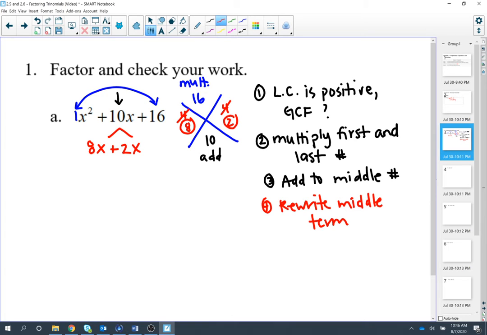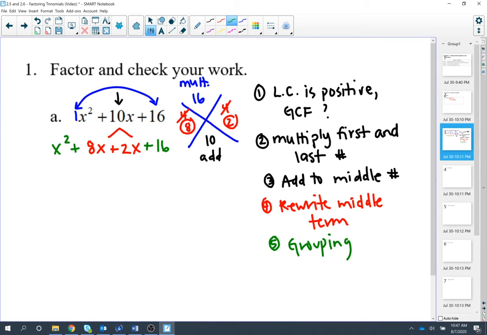So ask yourself the question, what is 8x plus 2x? Oh, it's 10x. So I didn't really change anything. I just rewrote it. And then at this point, you're going to drop down. So you still have that plus 16 and you still have that x squared. So you just drop those down. You don't change those, just drop it down. Number 5, grouping.